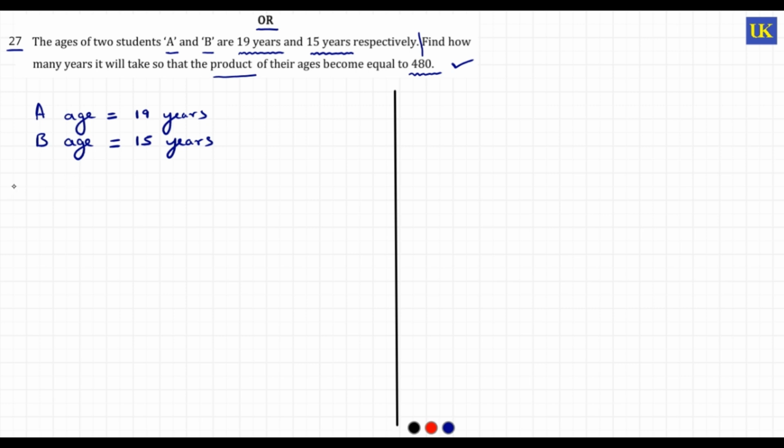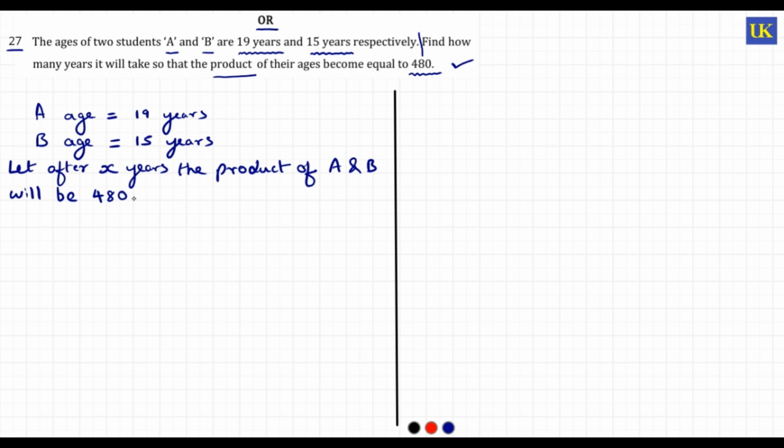So we will let after X years, because we don't know, we have to find out X years, the product of A and B will be 480.